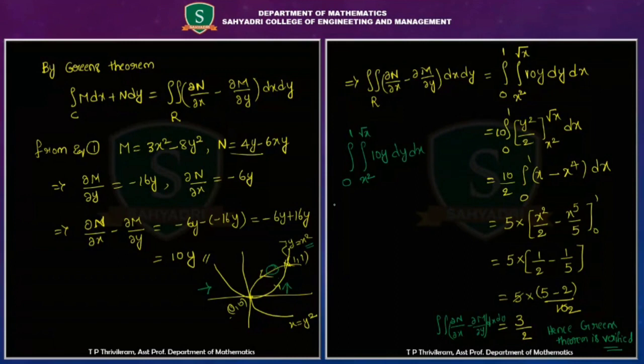Suppose I don't want to take it like this. I want to take it like this: double integral 10y dx dy. How to write the limits for this? Now what is the outer limit? You have to check. Here dy is there.